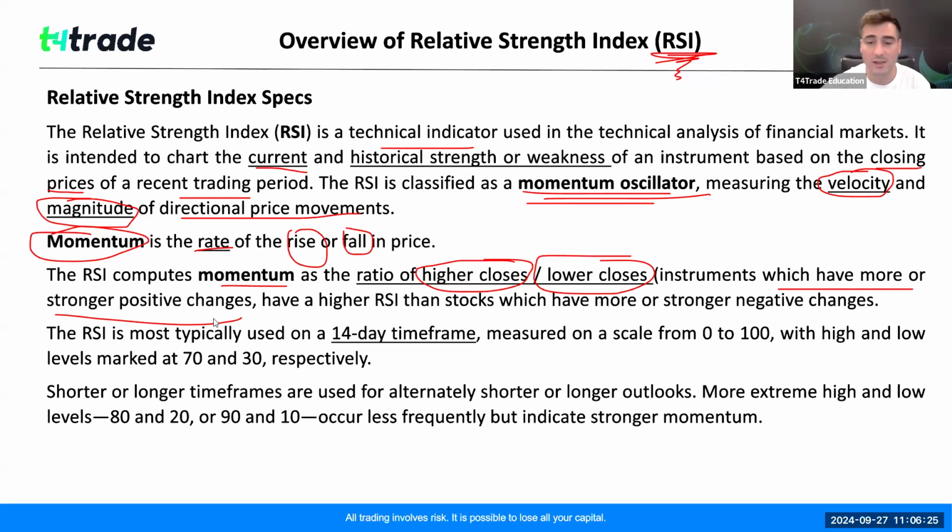If you have an instrument that in the past 10 days or 14 days, whatever that is, the past 10 days have closed in the red, that means moving south, and 4 days were in the green, then obviously the ratio between the losing days and the winning days is higher. For the losing days, that means the bears were in control. The RSI value is going to be negative.